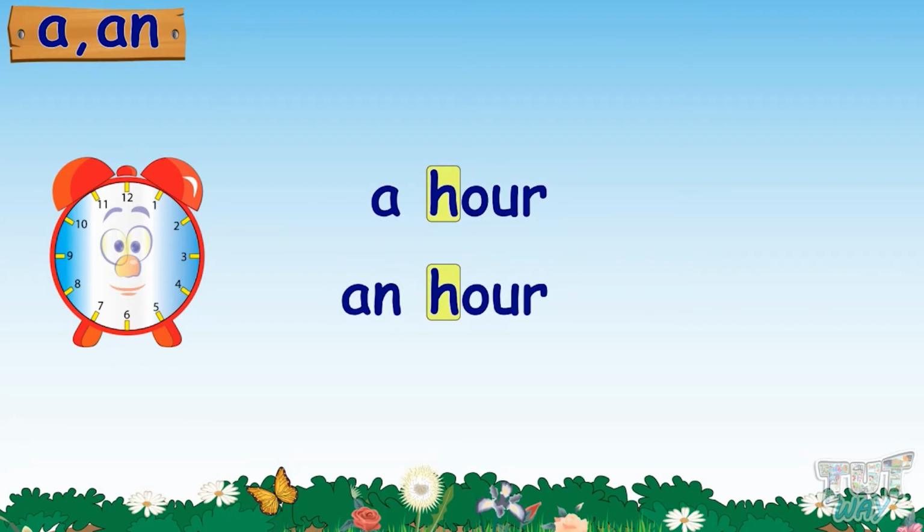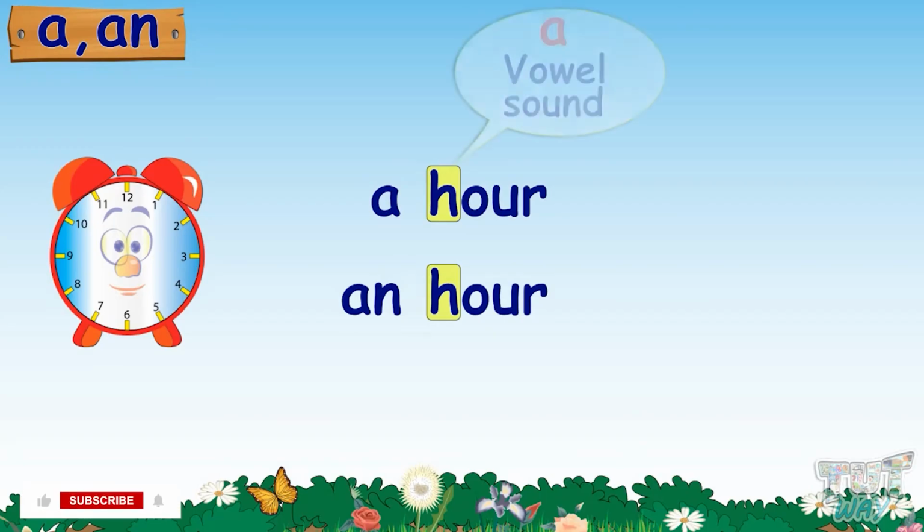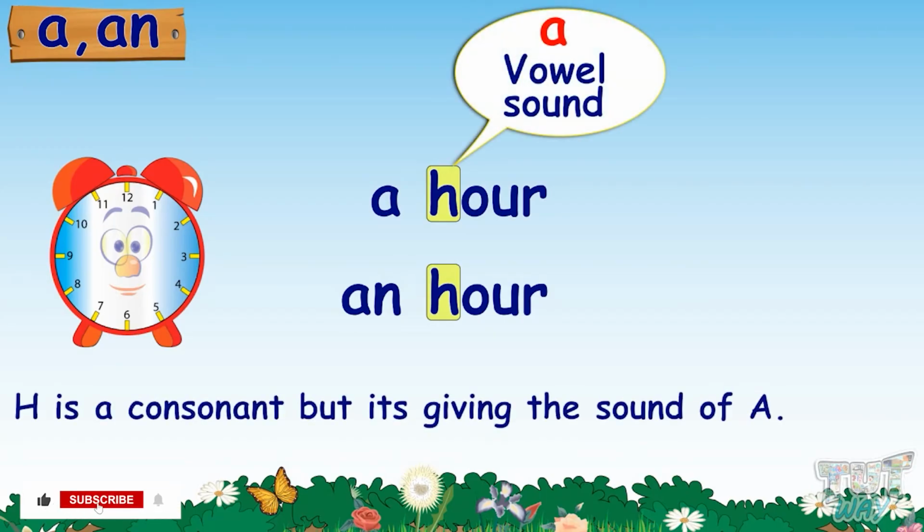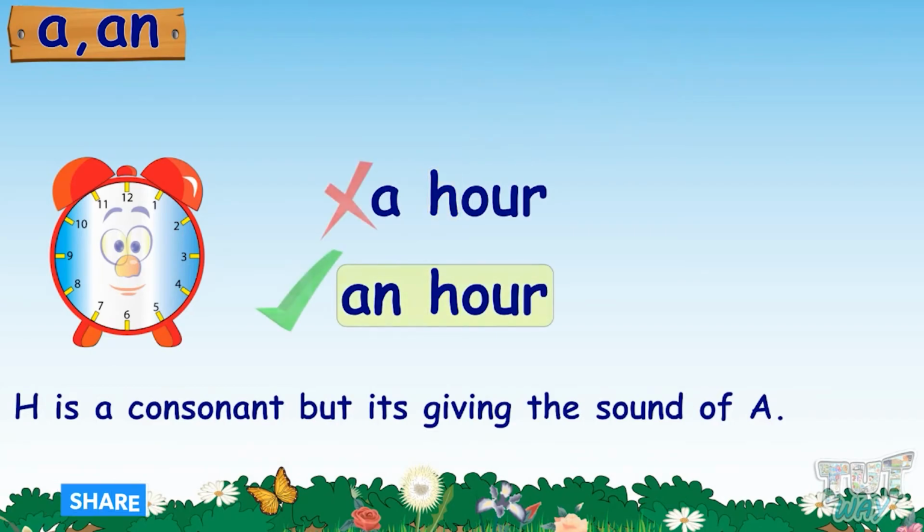But when we say hour, we notice that it starts with a vowel sound of A and not with the sound of H. So we will use an before it, not a. We will say an hour, as the rule is to see the sound of the first word and not the letter itself.